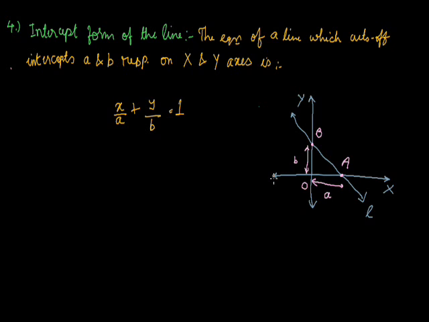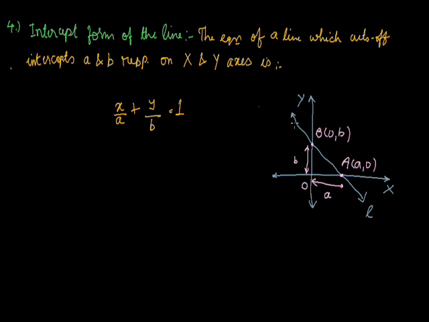Now I can see that my point A and point B are on x-axis and y-axis respectively. And the distance of point A from y-axis is small a, and distance of point B on y-axis from x-axis is b. So the coordinates of A becomes (a, 0) and that of B becomes (0, b).